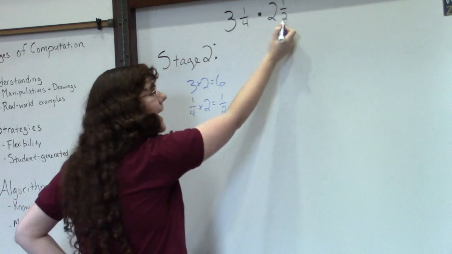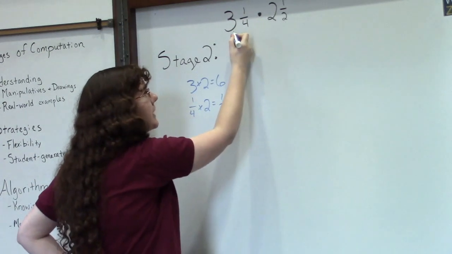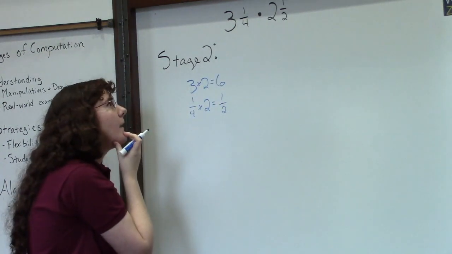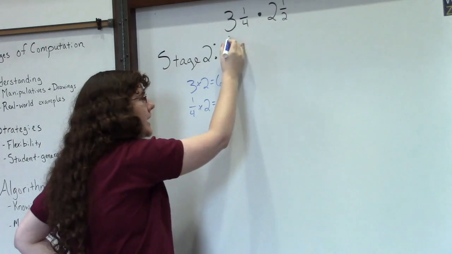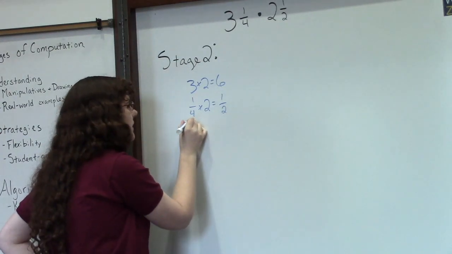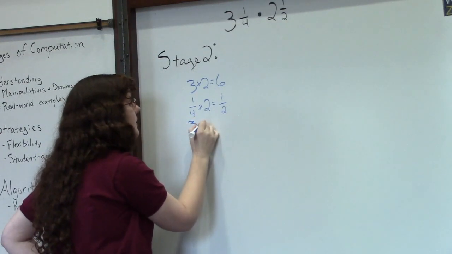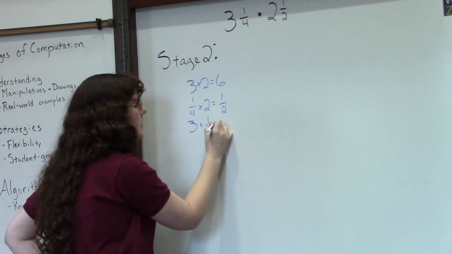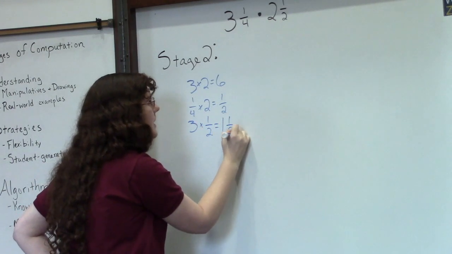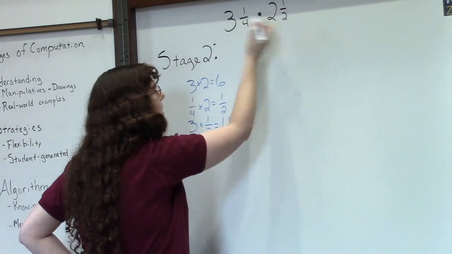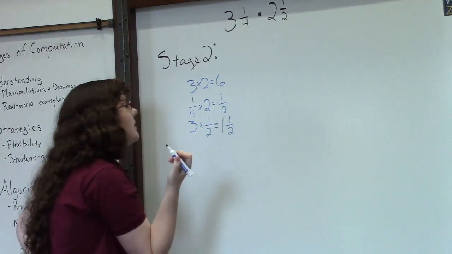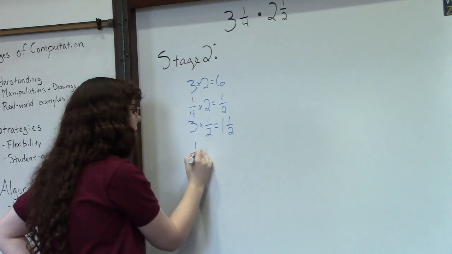And then you still got a 1/2 copy left of 3.25. Well, 1/2 a copy of 3, that's 1.5. And then 1/2 a copy of a 1/4, that's going to be 1/2 as big.